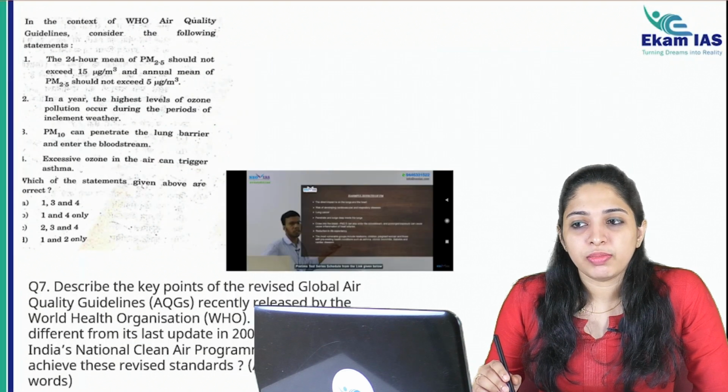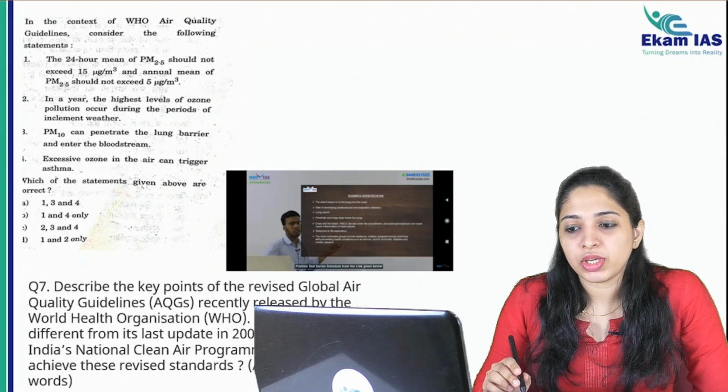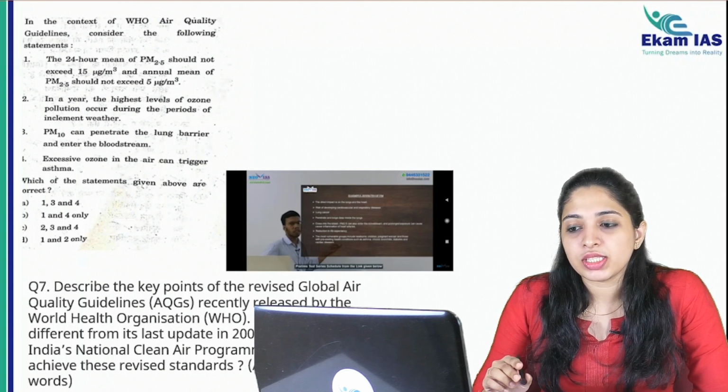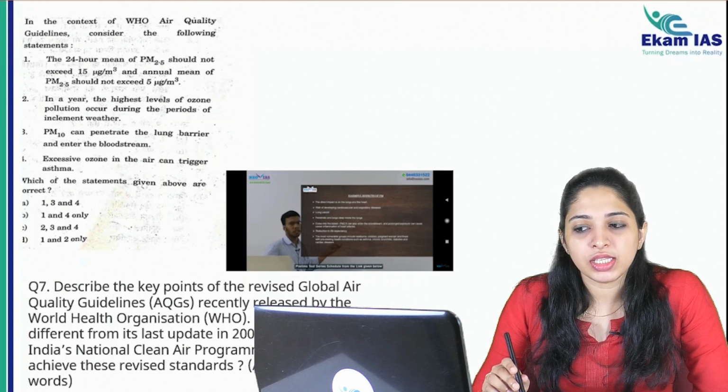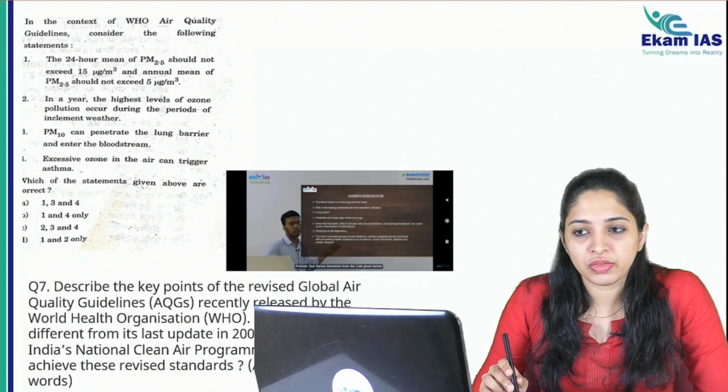In the context of WHO air quality guidelines, consider the following statements. This same topic was asked in the mains 2021 examination in GS3 from environment: describe the key points of the air quality guidelines recently released by the World Health Organization. This was the mains question of 2021.